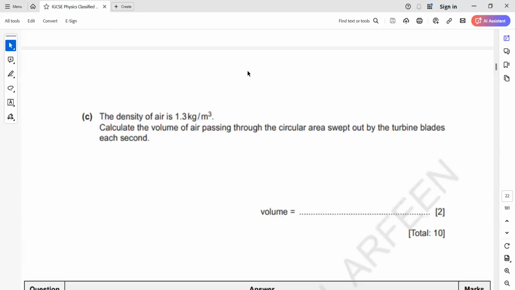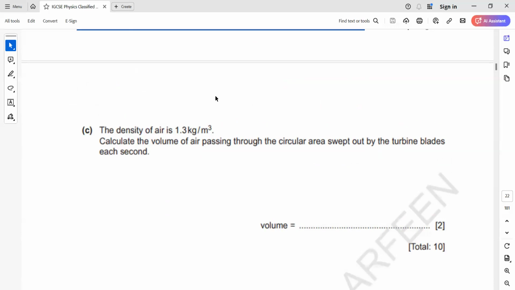The density of air is 1.3 kilogram per meter cube. Calculate the volume of air passes through a circular area swept out by the turbine in each second. So how to work out? You have the density is there and the mass is also given in the beginning of the question. Like in 1 second, the mass was 7.5 kg. So density is mass over volume.